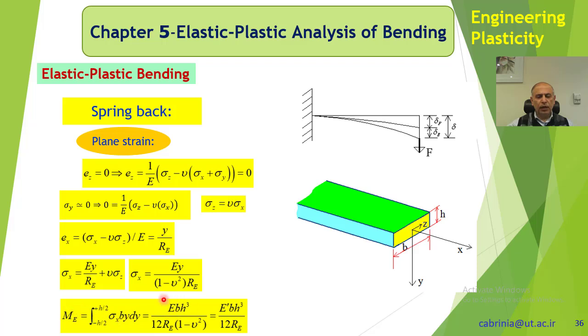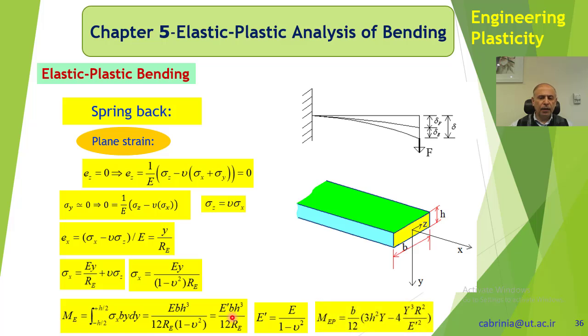So if we integrate that between h over 2 and minus h over 2, because the middle is the neutral plane, we get E B h cubed over 12 RE times 1 minus mu squared. And instead of E divided by 1 minus mu squared, we write E prime B h cubed over 12 RE. That's what we get for the bending moment. That's the substitution we made here.